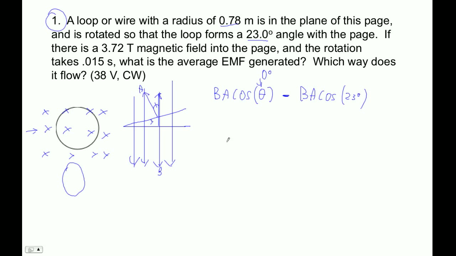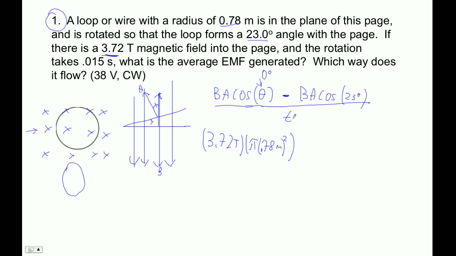So when we set this thing up, the magnetic field is 3.72 Teslas. The area is pi times the radius, 0.78 meters, squared. Obviously the EMF is this divided by t.